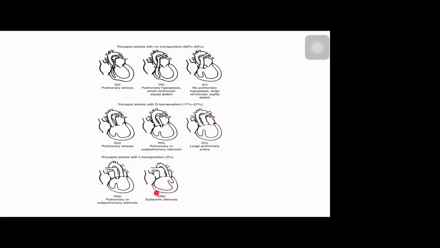Type 3 is LTGA. Again, it can be subclassified into two types, 3A and 3B. In 3A, there is pulmonary or subpulmonary stenosis, and in type 3B, there is subaortic stenosis. And definitely, VSD is present in both subtypes.